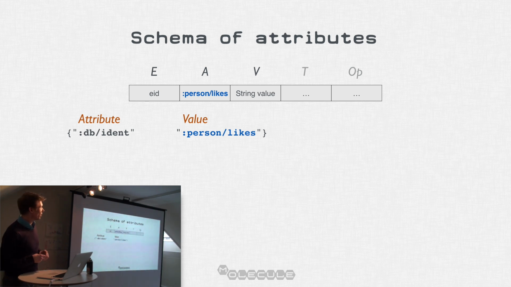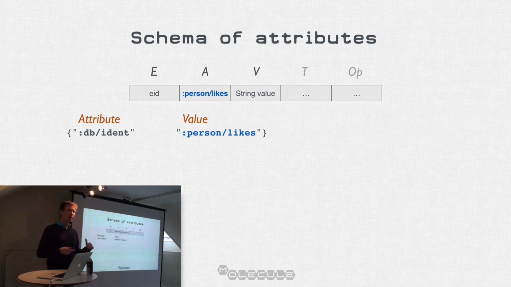So in Datomic, you build up a schema, which is definitions of what attributes you can have in the system. You save the schema as attributes themselves.